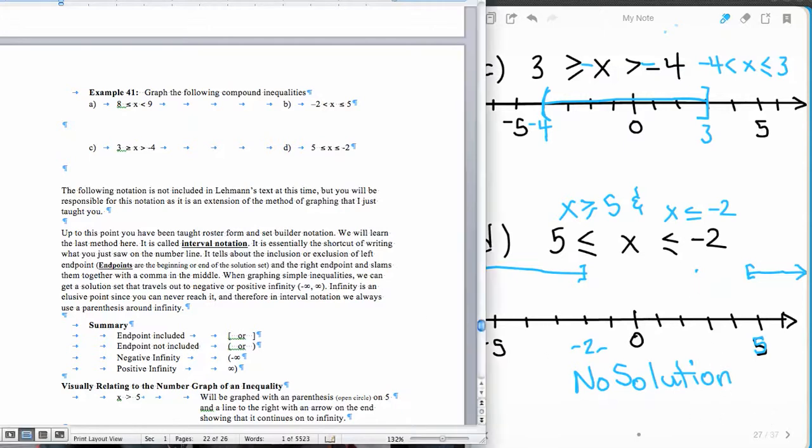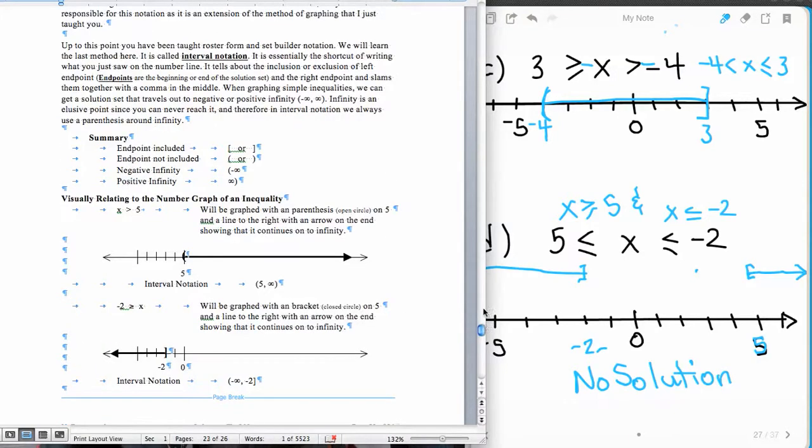Okay, now we're going to talk about this new thing called interval notation. So what we're looking at for interval notation is the endpoints. And this new way of notating the endpoints is what I have been showing you when I graph these things. Those endpoints are going to be notated, and then we're going to take a snapshot of what you see on the number line.